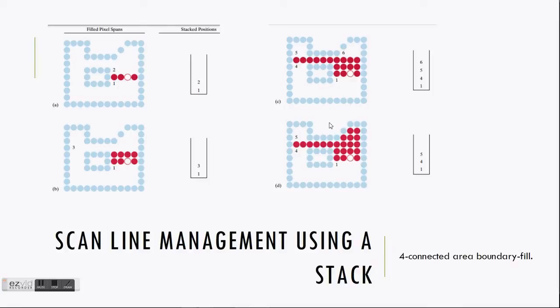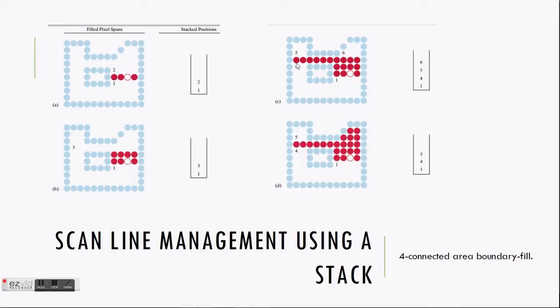Here we can see the stack implementation of the 4 connected boundary fill. Diagram A. The area is divided into two parts, 1 and 2, and is stored in stack 1 and 2, this being the entry pixel. Diagram B. The area 2 is filled and popped out of the stack, and area 3 is pushed into the stack.